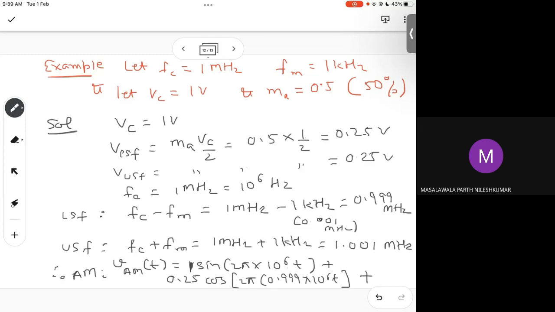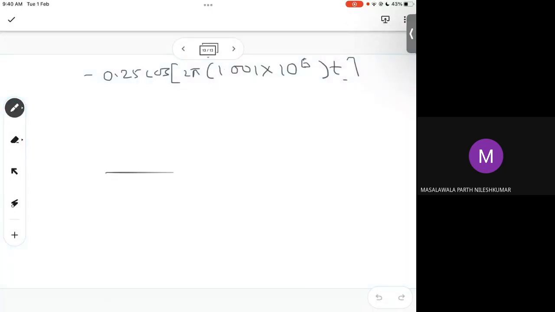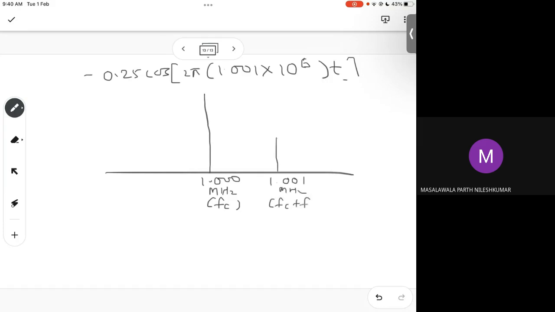So how will my AM signal look in the frequency domain? If I plot this in frequency, the frequency spectrum will look like this. I have one frequency as 1.000 megahertz, which is my FC. I got another frequency which is 1.001 megahertz, which is FC plus FM.